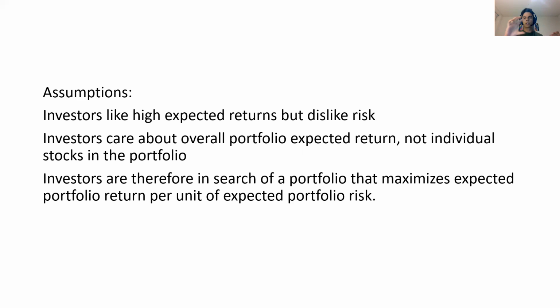So if you pick different assets from different industries, different firms, different everything, what you are doing is something called diversifying the risk. When you diversify the risk, that means you are picking things from different industries, different firms, different everything, right?